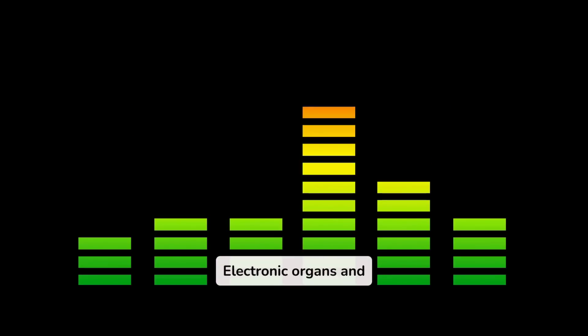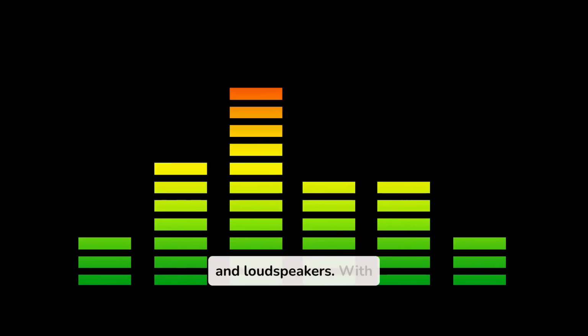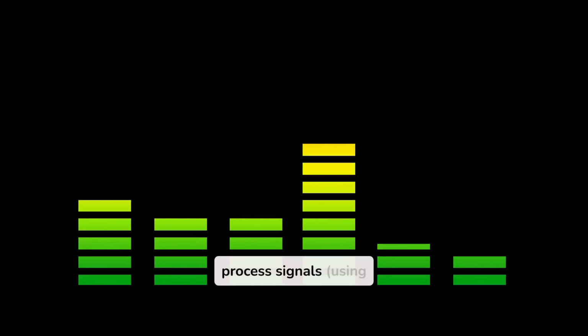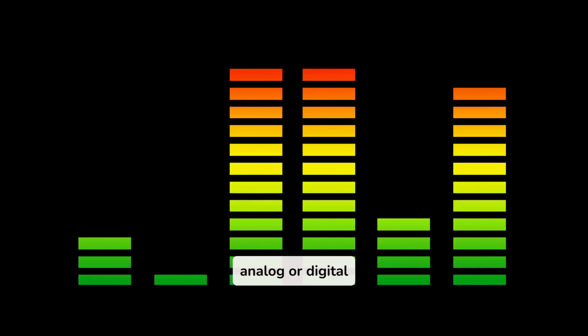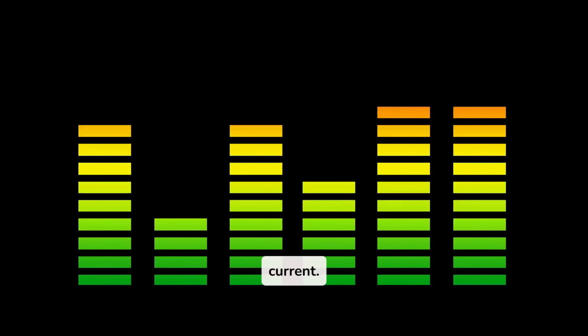Electronic organs and synthesizers may have integral or separate amplification and loudspeakers. With the exception of amplifier outputs, virtually all such equipment is used to process signals using analog or digital techniques that have non-hazardous levels of voltage or current. Audio system.